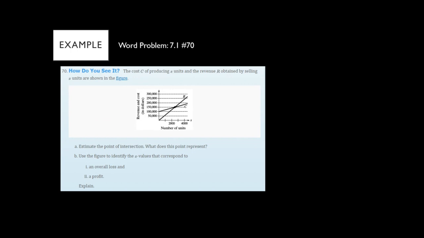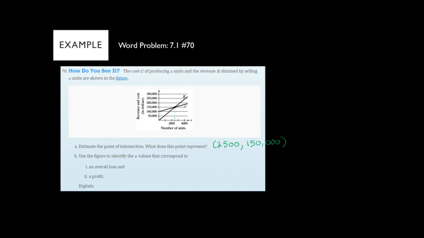So the intersection point, if we're trying to read it here, it looks like it's halfway between 2,000 and 3,000. So maybe 2,500. And then it does look like it's exactly on the line, 150,000. So that would be our estimated point of intersection. And this point represents where your cost is equal to the revenue.